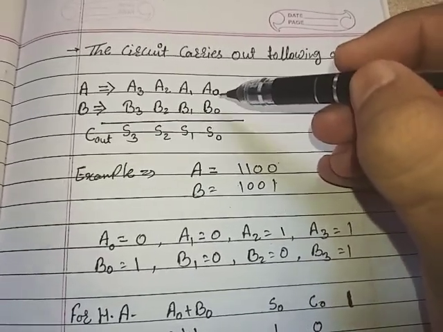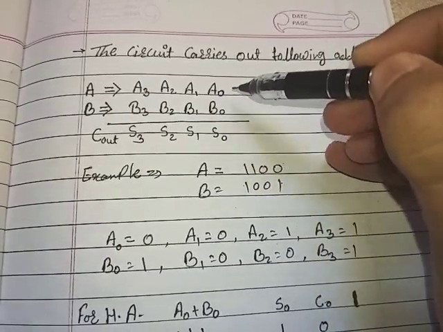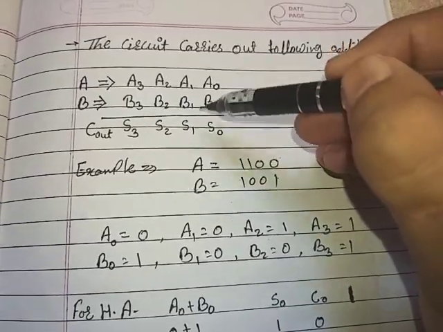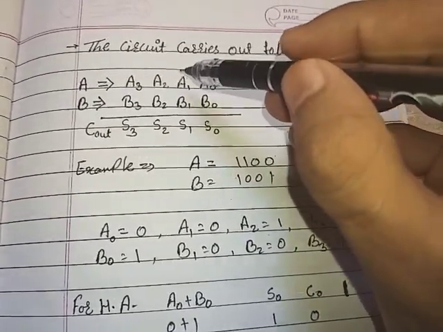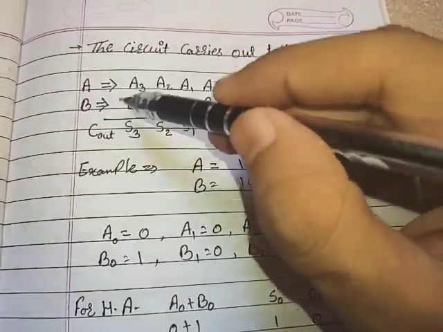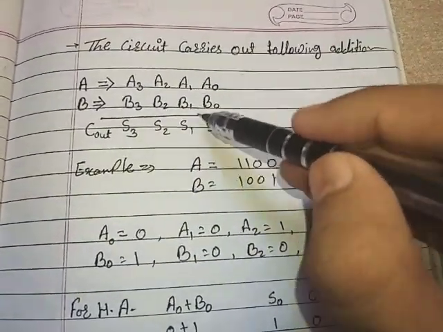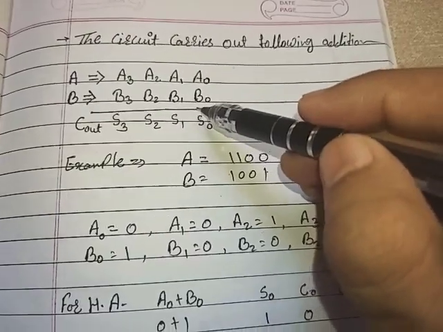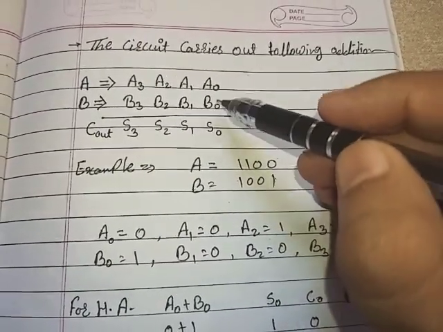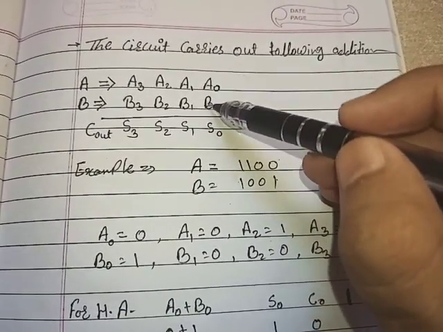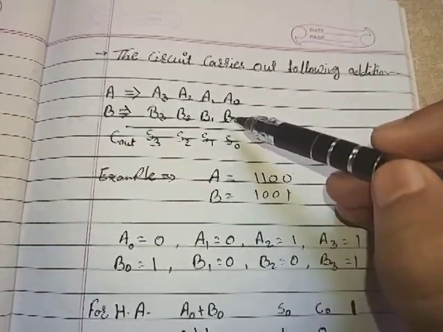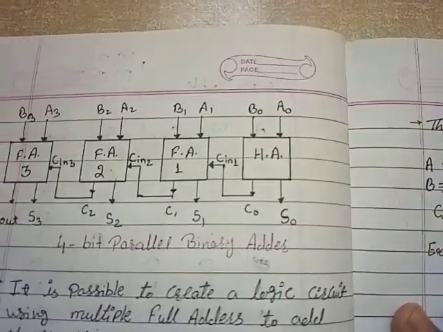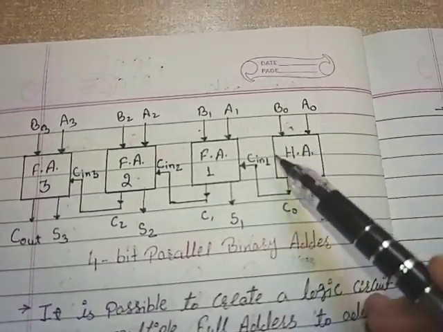Is there any chance that there will be a carry in the rightmost bit? No. It is possible that there will be a carry in the second bit, third bit or fourth bit, but in the rightmost first bit it is not possible. So we have only 2 bits here, and 2 bits are easily added by a half adder. That's why we have replaced the full adder by a half adder.